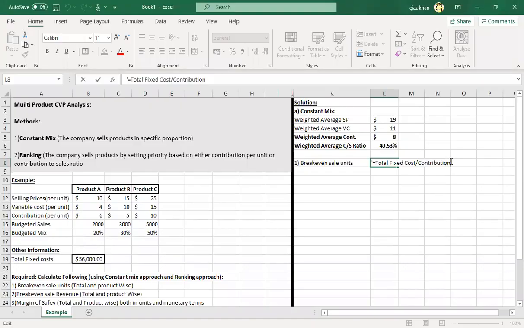So in case of 3 products, and we are using constant mix, we need to use the weighted average value. So fixed costs in this case are $56,000 and should not be divided by either of the contribution of these 3 products. Rather, it should be divided by the average contribution figure. That's it.